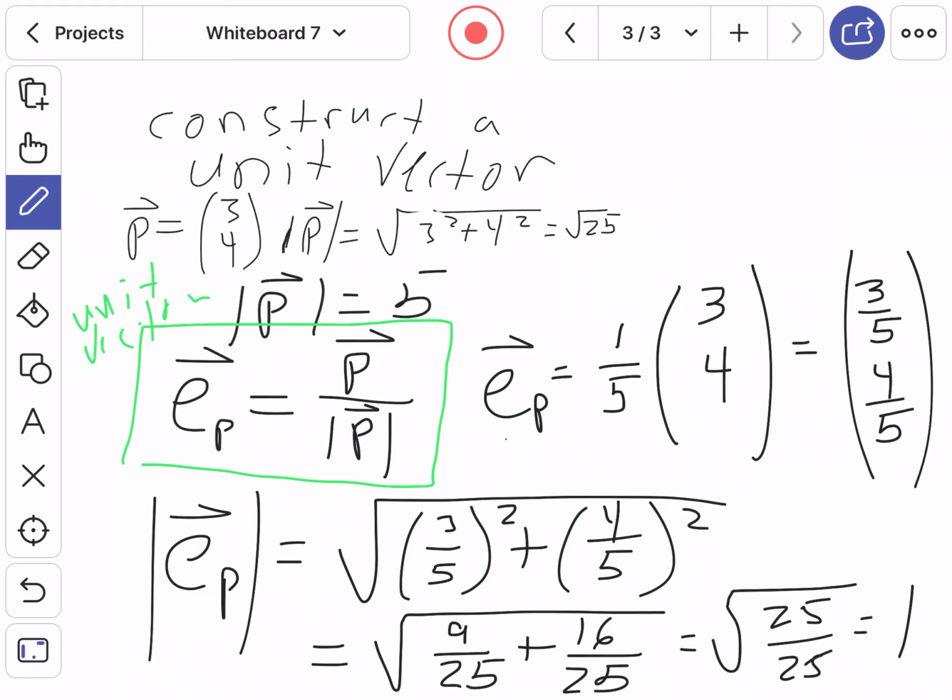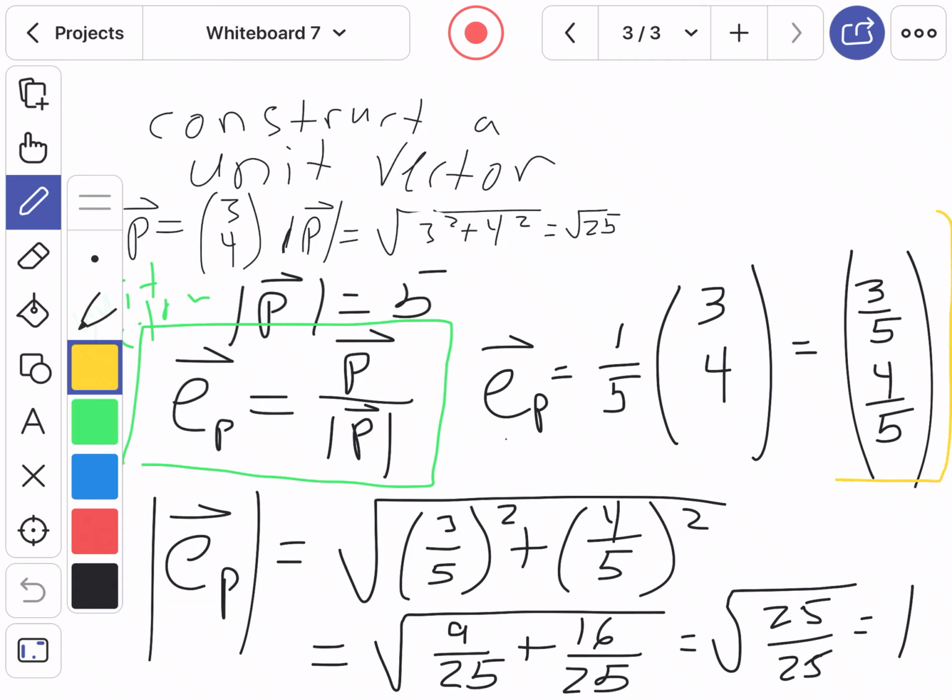We'll see if there's any questions about that. Hopefully it's still a little bit of a review. So I'll just add again that this vector has the same direction as vector P, but it's only 1 unit long.